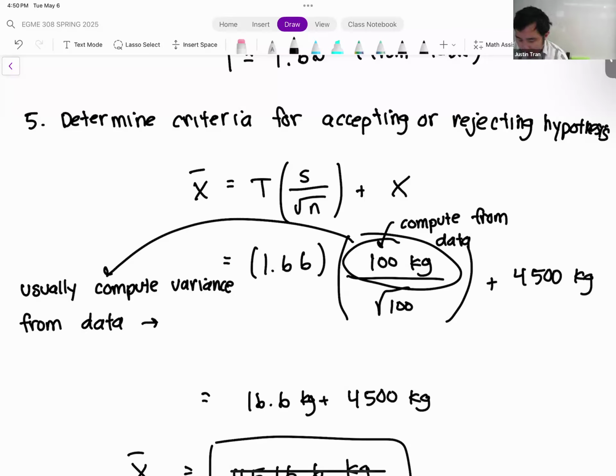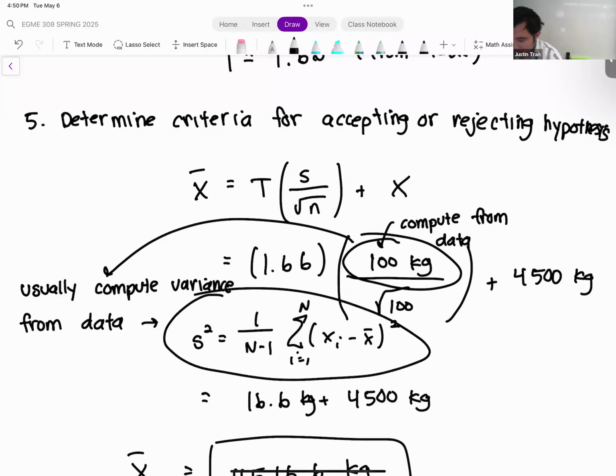So s squared is equal to 1 over n minus 1, summation of xi minus x bar quantity squared, where i is equal to 1 to n. If the variance is unknown beforehand, you just compute the variance this way, and then you take the square root to get the standard deviation. So that's the only difference. There's an extra computation.